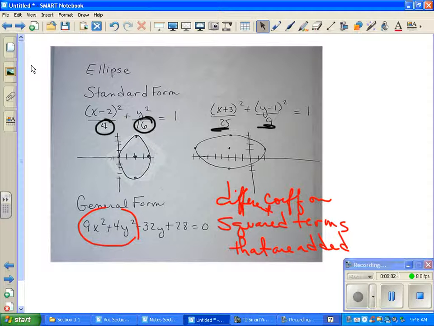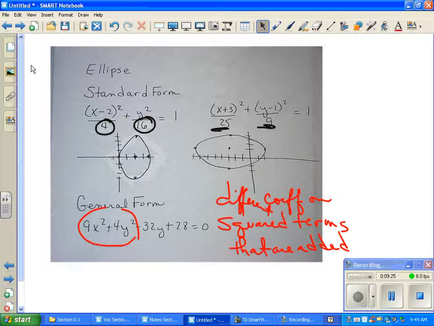Exactly. They have different coefficients, or the number underneath the fraction is a coefficient, by the way. It's like anything outside of a parentheses is a coefficient in this problem. So whether it's the numbers underneath or the numbers in front of your squared terms, it's the same concept. And so we're writing different coefficients on the squared terms, but they have to be added.